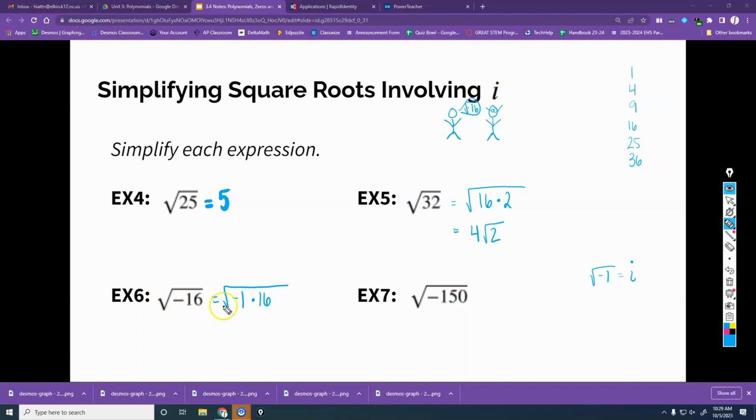Because the square root of negative 1, what is it? i. What's the square root of 16? 4. Usually, we write it with the number first instead of the letter, so it's 4i. So this guy is calling this guy 4 eyes because he has glasses. Has someone ever told you that? How rude.